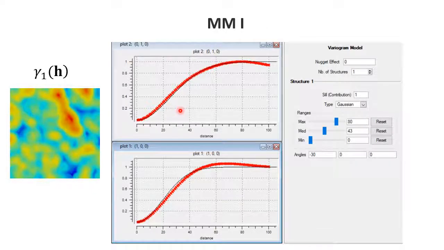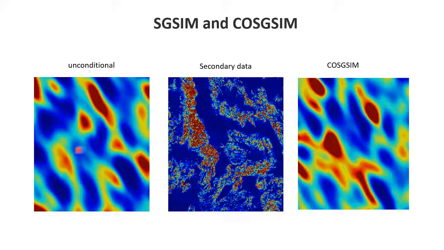Okay, so here is our primary variable. Remember, our primary variable is smooth, so we have that same smooth variogram as we've seen before. And we calculate the correlation coefficient, which is 0.76, and we can now do conditional simulation. So here is our secondary data. Remember, our secondary data was highly varying.